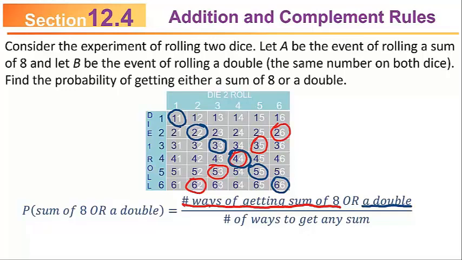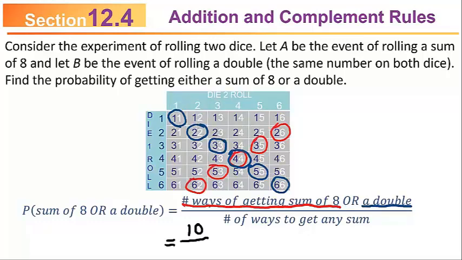You could get a 1-1, a 2-2, a 3-3, a 4-4, a 5-5, or a 6-6. If you want to count all those possibilities, notice there's an overlap of 4-4. So when you're counting, you don't want to count that 4-4 twice. If you count them, you get 1, 2, 3, 4, 5, 6, 7, 8, 9, 10. Don't count that 4-4 twice.